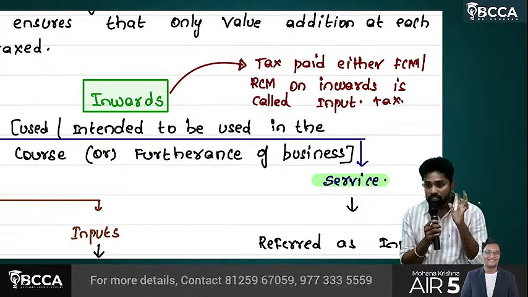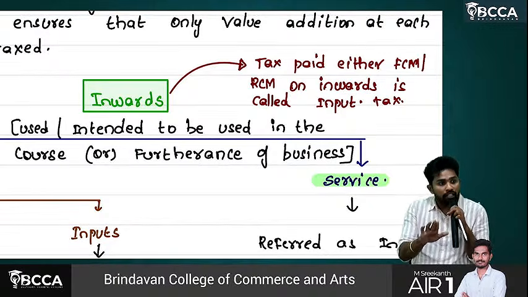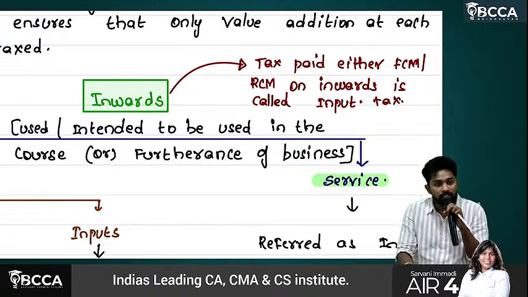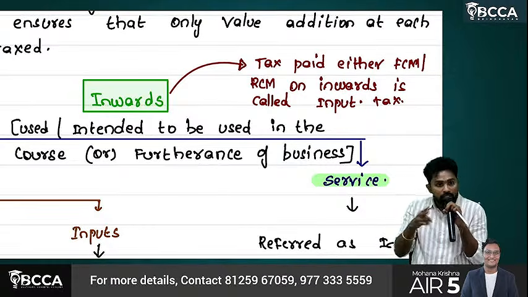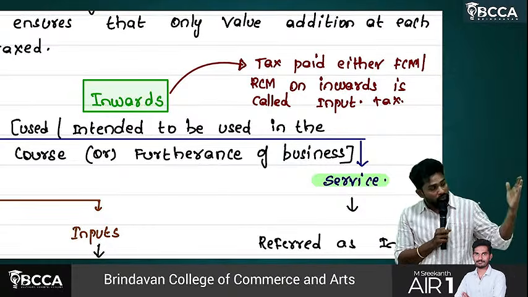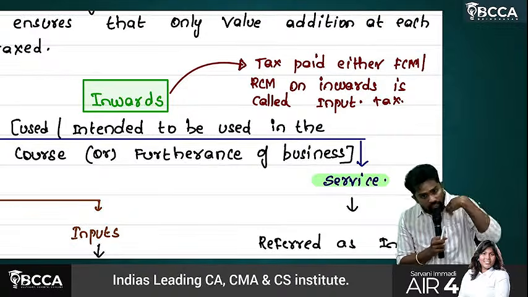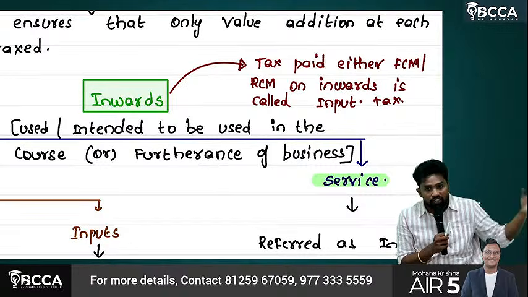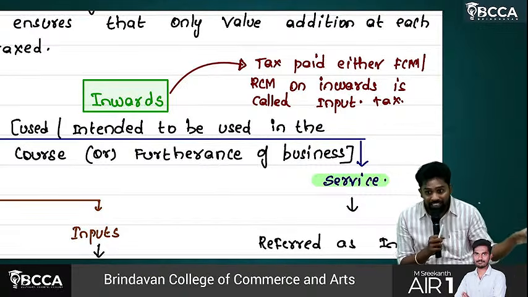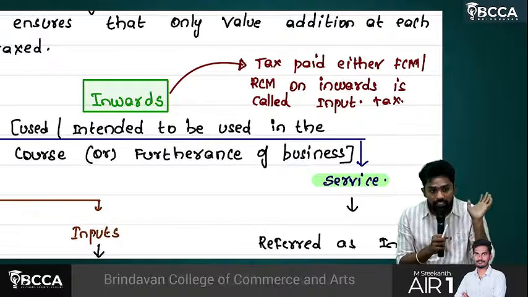Remember this point first. We are giving ITC not because of who is paying tax, but to avoid double taxation. So whoever pays the tax, either he himself pays under RCM or the supplier pays, if it is his inward, he can avail ITC.